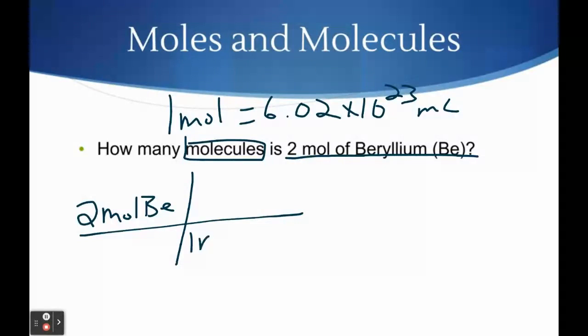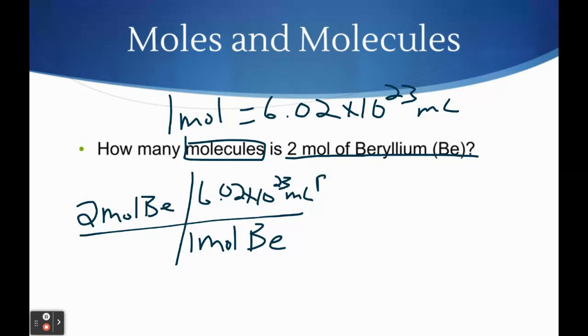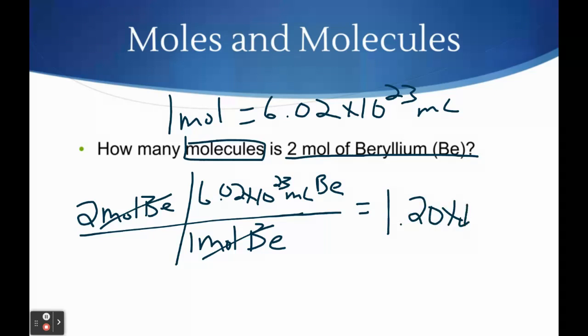So again, we want to put moles on the bottom and 6.02 times 10 to the 23rd molecules on top, so that when we do 2 times 6.02 times 10 to the 23rd divided by 1, our moles cancel out. And the answer you should get is 1.20 times 10 to the 24th molecules of Be.